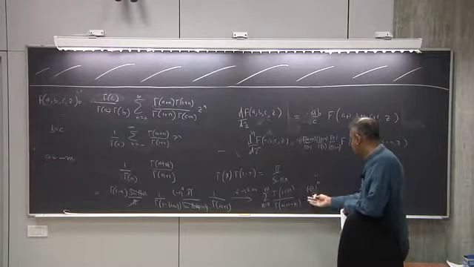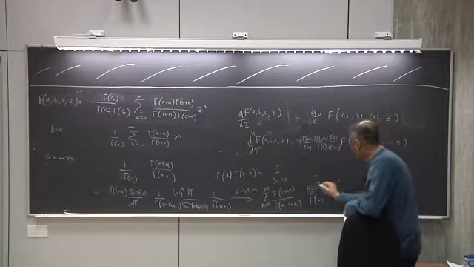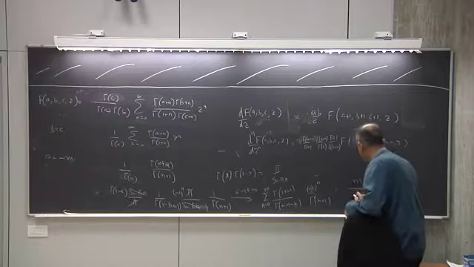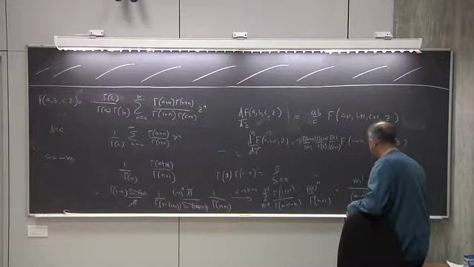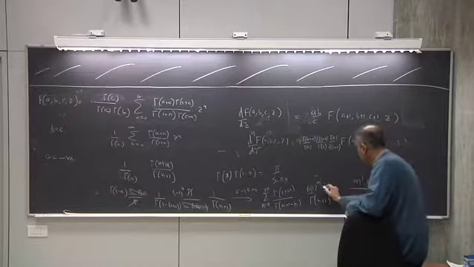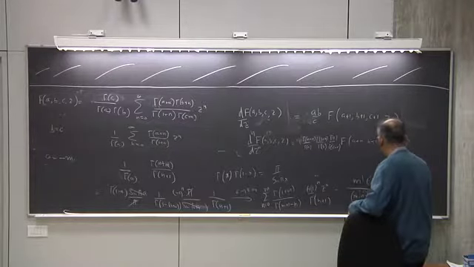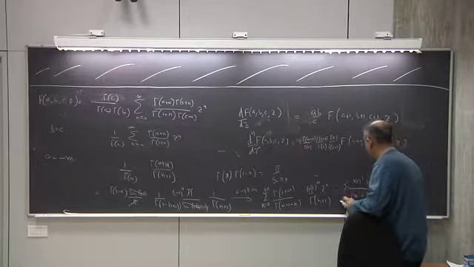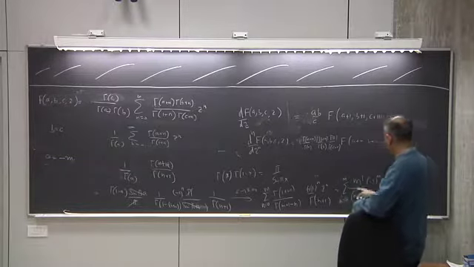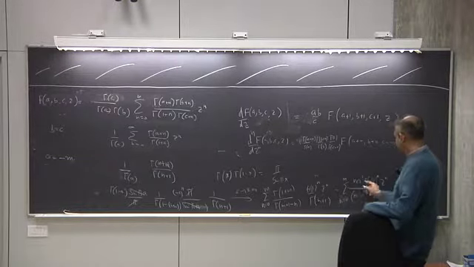And we know what this is. This is factorial m over factorial m minus n, factorial n, times minus 1 to the n, z to the n, with n equal to 0 up to m. This is just m choose n.